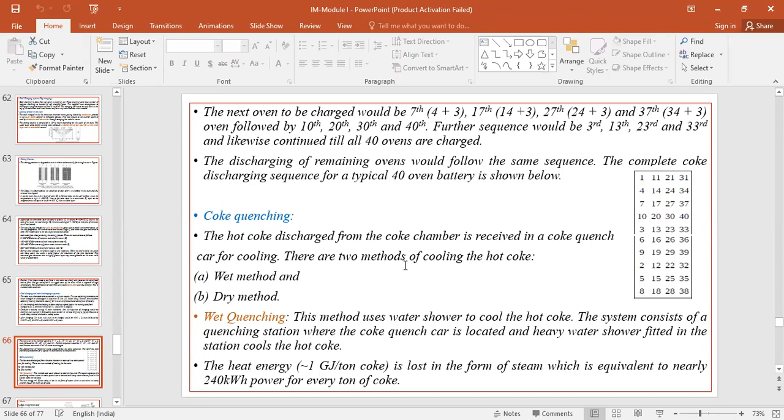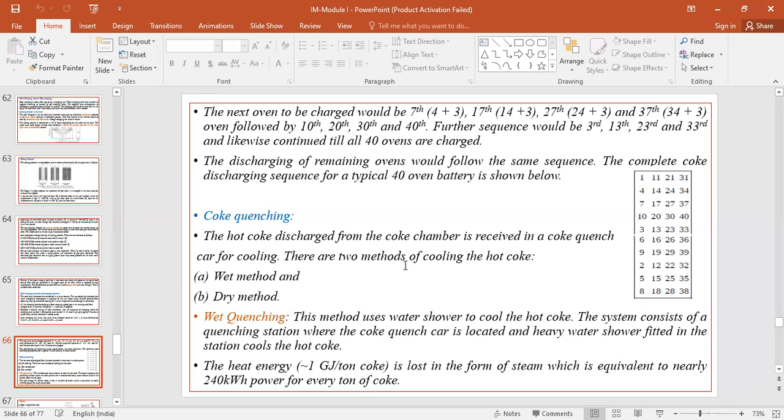So here, in the previous video, when we were discussing the non-recovery coke oven process, we have seen the wet quenching method, where water is the quenching media. There are basically two methods. One is the wet method, the other one is the dry method.